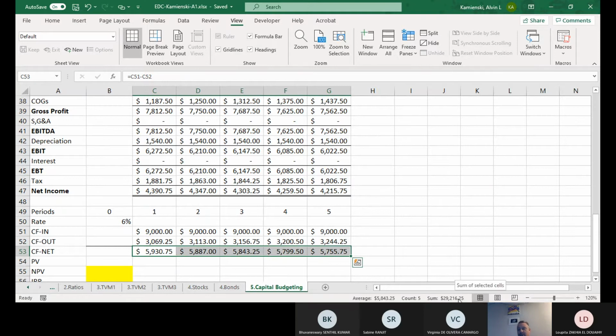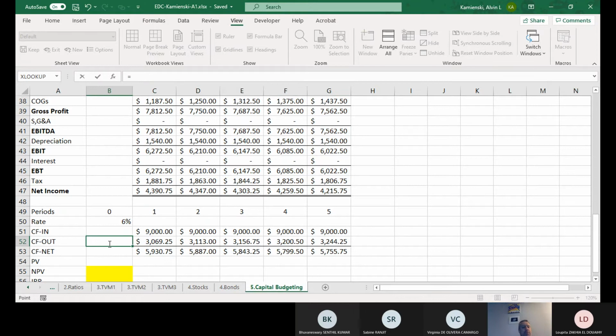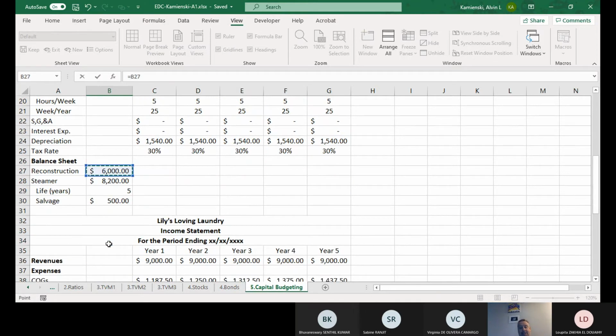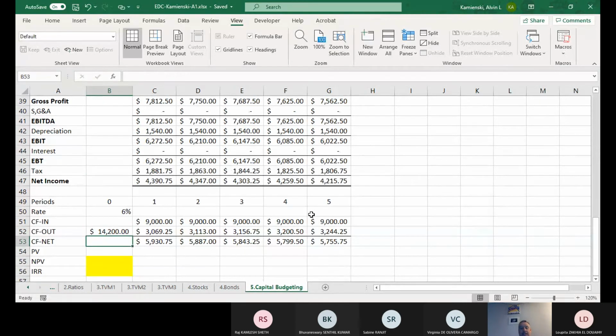Notice it's bigger than that profit number. But how is it that we can get those cash flows? Because right now, the company is proposing to spend $6,000 on construction and then $8,200 to buy that new steamer. So it's going to cost $14,200 right now.